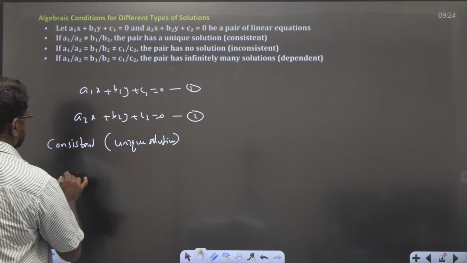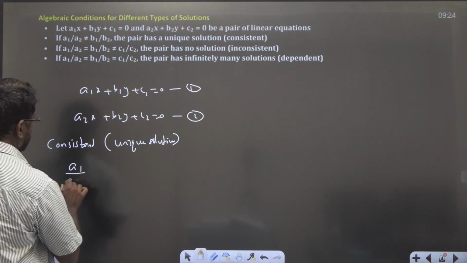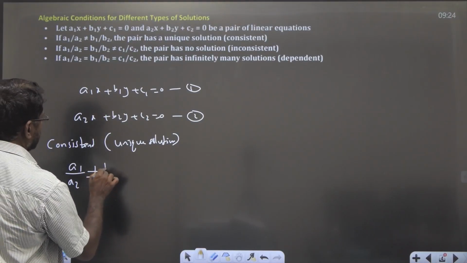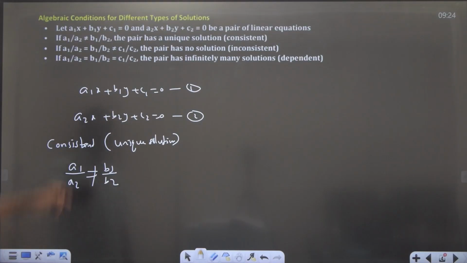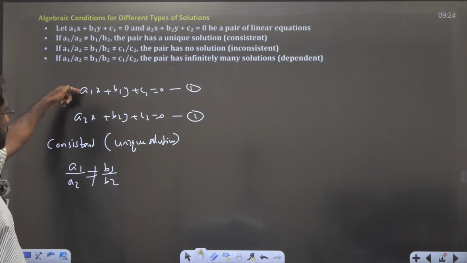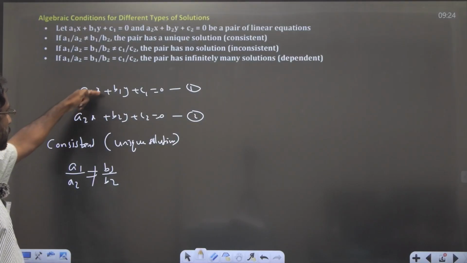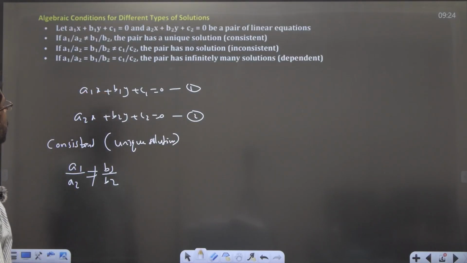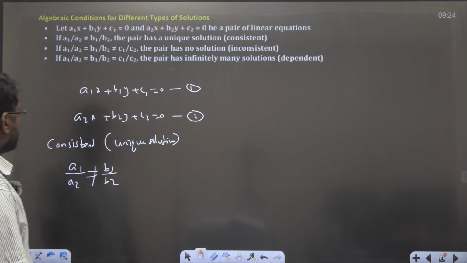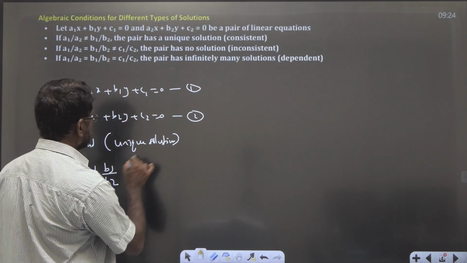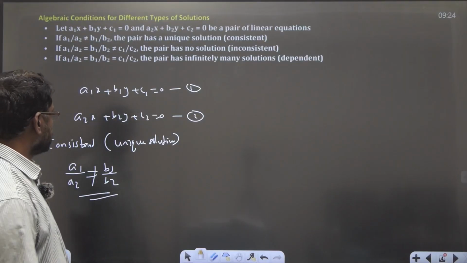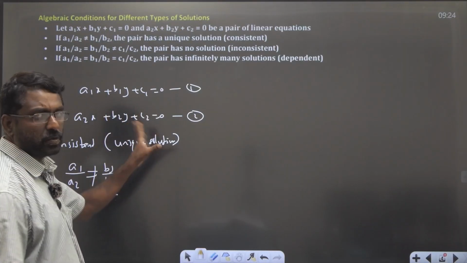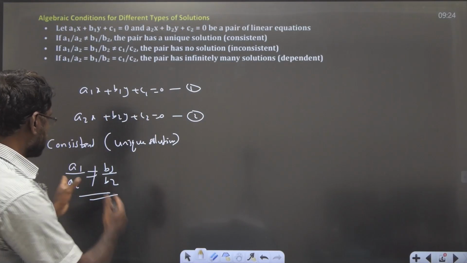Consistent, then a1 by a2 is not equal to b1 by b2. Here a1 by a2 is the ratio between the coefficients of x, and it is not equal to b1 by b2. Then it is consistent and there exists a unique solution. The constant has no part in this section.